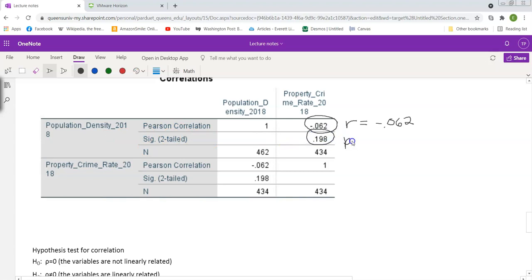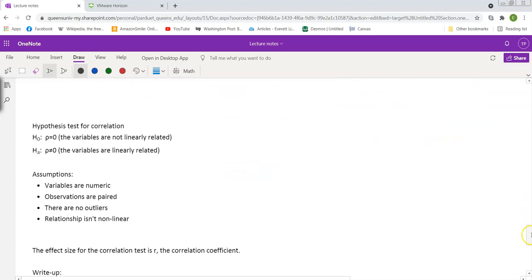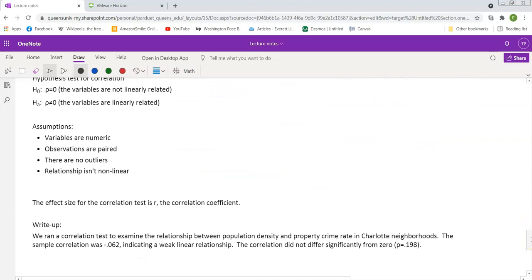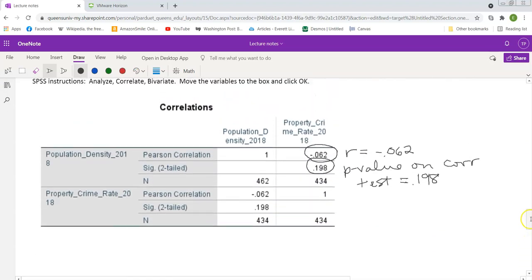So this is the p-value on the correlation test, which is 0.198. And we do have an effect size for this, but we've already talked about it. The effect size is the correlation.